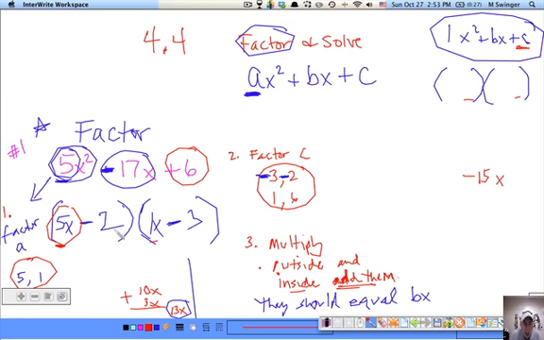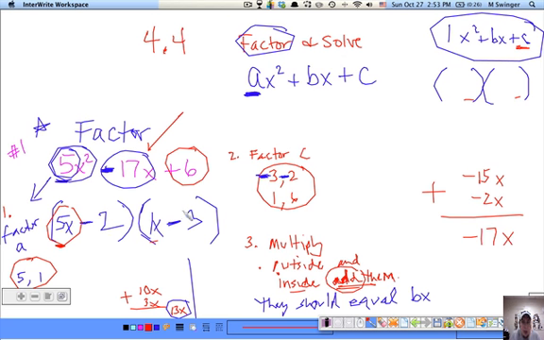Multiply the inside: negative 2 and 1x make negative 2x. Well, look at that. We add them up and make negative 17x, which is exactly what it should be right there. So basically, you have your factors right here: 5x minus 2, 1x minus 3.